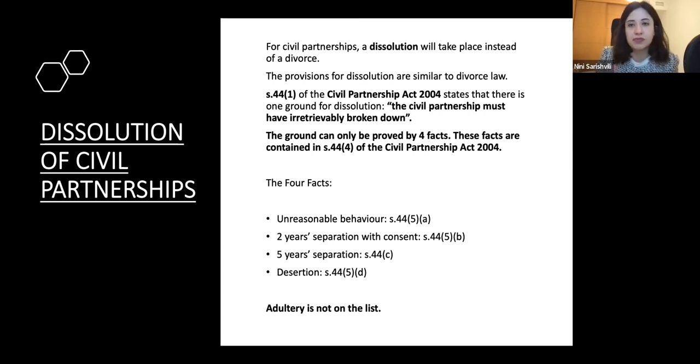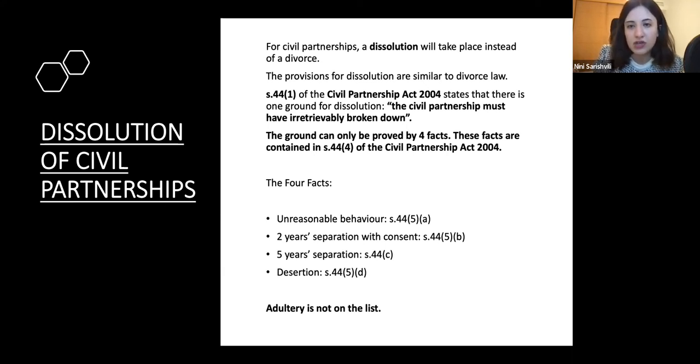For example, they don't want to be called a married couple, they don't want to have this status. So for some couples, civil partnership is a better option. That's why it was allowed for opposite sex couples.